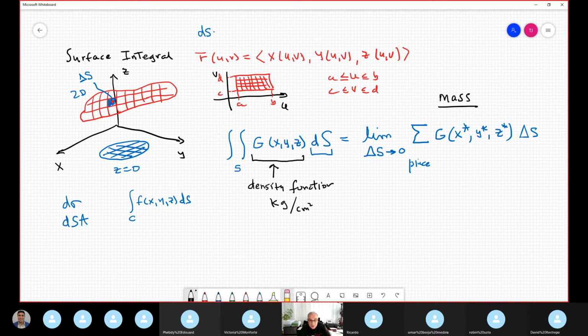The unit for dS is meter squared. The meter squared cancel out when you multiply, and the answer is kilogram, the mass. This is a hypothetical case in which the integrand function, capital G, is the density function. So we can find, for example, another quantity like a center of mass. So it's different.